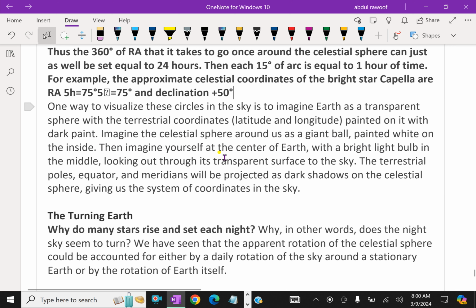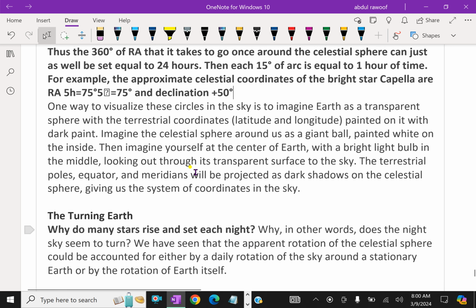Then imagine yourself at the center of Earth with a bright light bulb in the middle. What happens? Looking out through its transparent surface to the sky, the terrestrial poles, equator and meridians will be projected as dark shadows on the celestial sphere, giving us the system of coordinates in the sky.